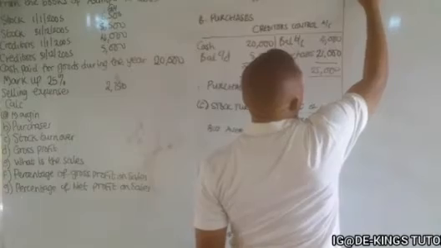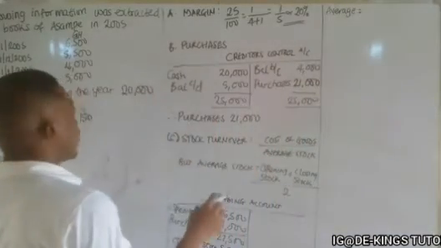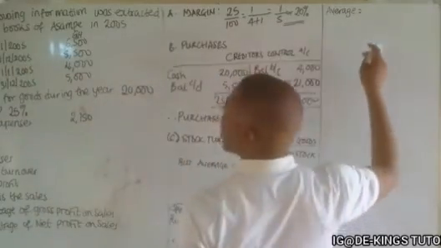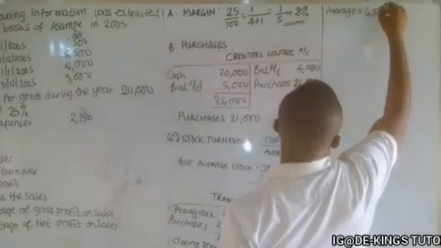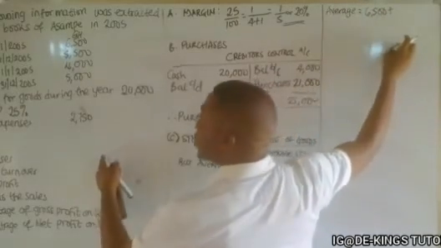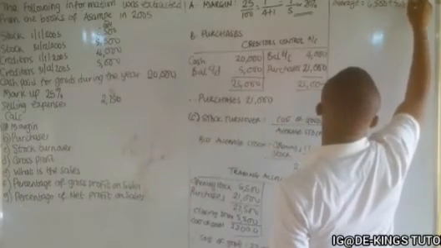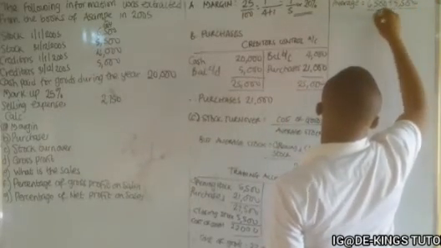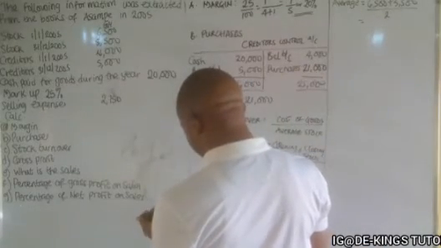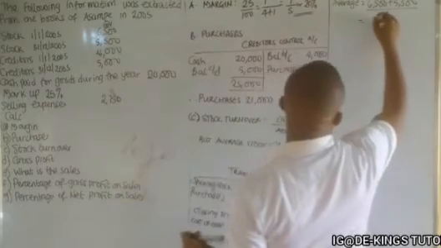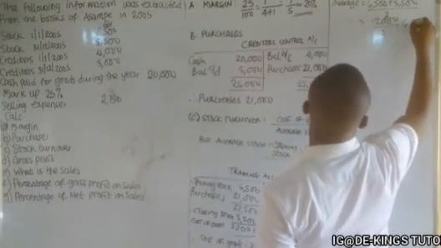So now let's compute the average stock. Average stock is opening stock plus closing stock. Opening stock is 6,500 plus closing stock 5,500, divided by 2. So 65 plus 55 gives us 12,000, divided by 2 gives us 6,000.